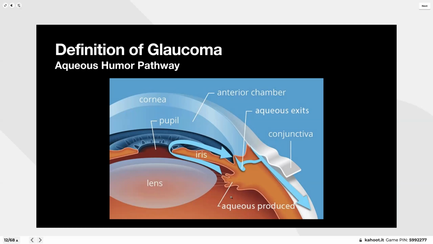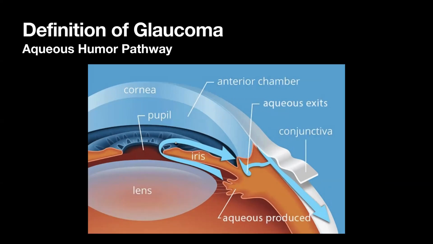So we'll start here where the aqueous is produced in the ciliary body, which is right behind the iris, which is the colored part of the eye. Once again, the aqueous is produced in the ciliary body, which is right beside the lens. Once it's produced here, it travels in front of the lens and behind the iris, through the pupil.